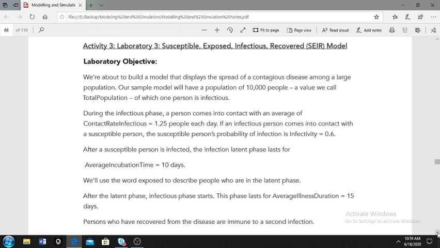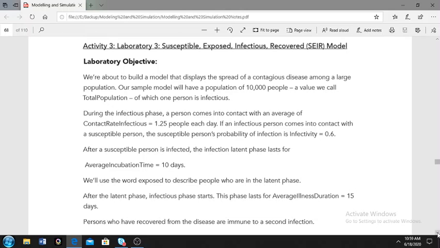You can simulate how it is spreading in the population. This is a very good project: simulating how a disease spreads in the population using system dynamics. So this is the lab, lab 3, that you are going to take.